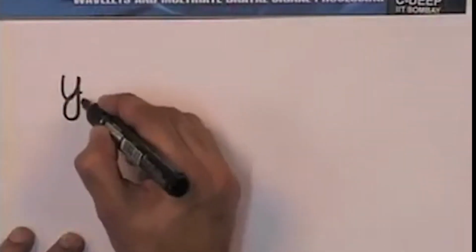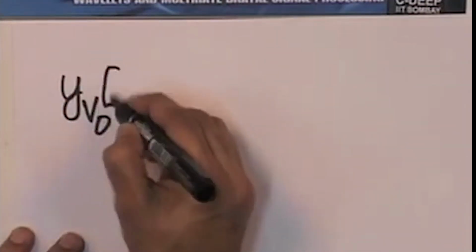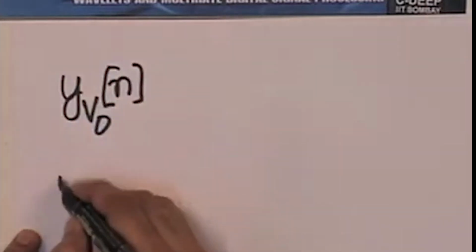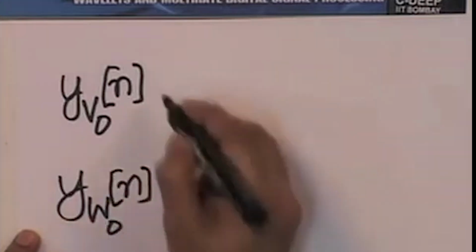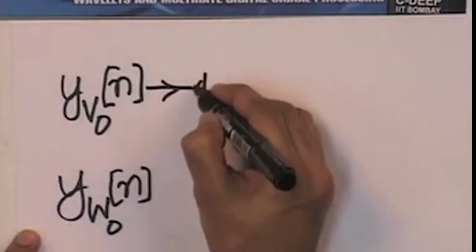How do we express this in the language of discrete time signal processing in the Z domain? Well, let us draw the diagram first. So, what we are saying is this: I have this sequence corresponding to V0, y V0 n, and I have the sequence corresponding to W0, y W0 n. I have upsampled them.